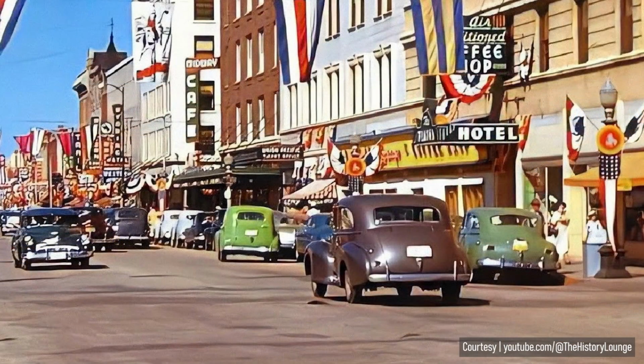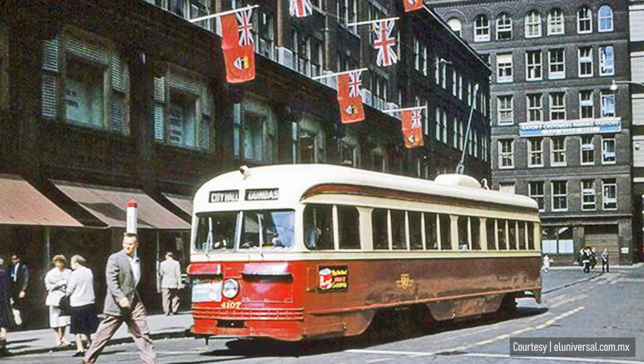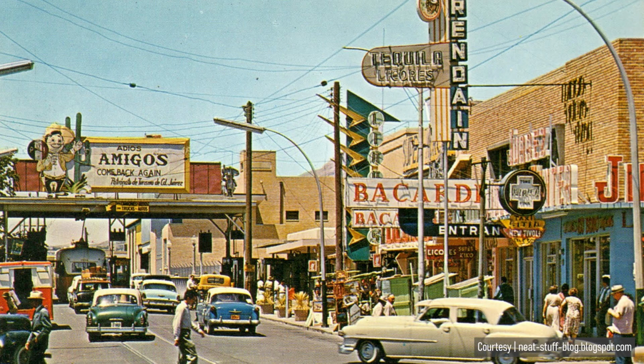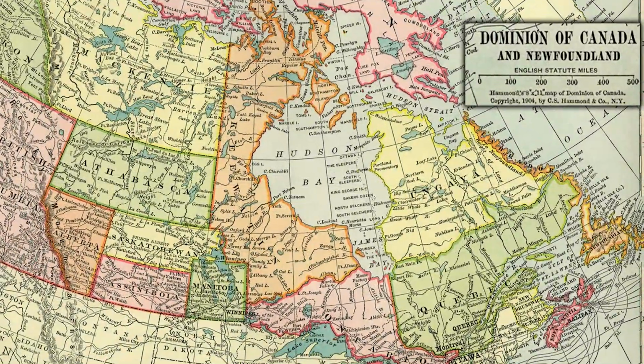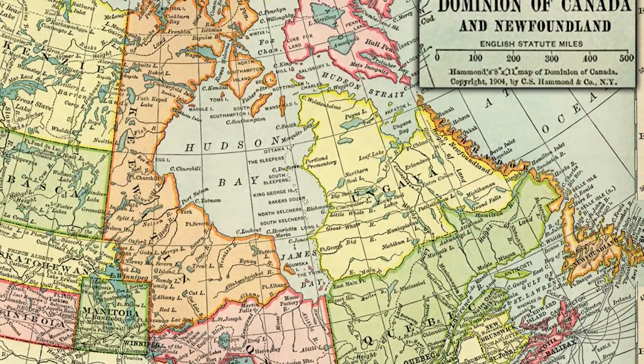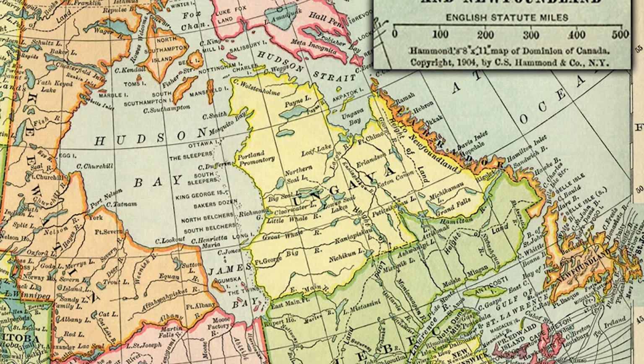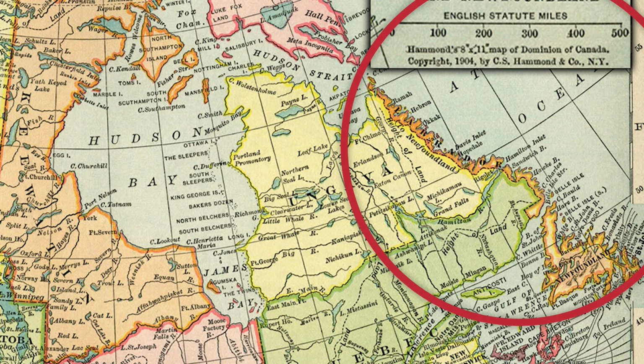Coming out of the war years of the 1940s, the decade of the 50s saw a huge change in prosperity for all three countries. Mexico saw their first skyscraper built in Mexico City. The 40-story Torre Latinoamericana was built. Canada started the 50s by adding a new province, with Newfoundland and Labrador joining the Dominion in 1949.